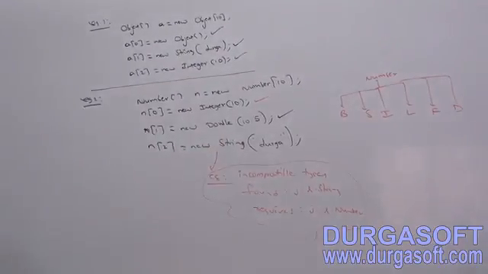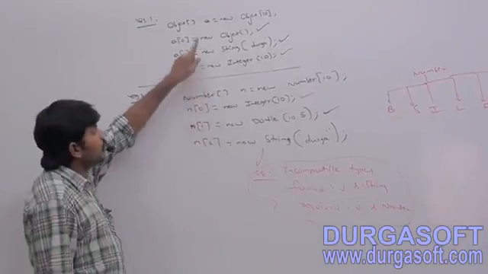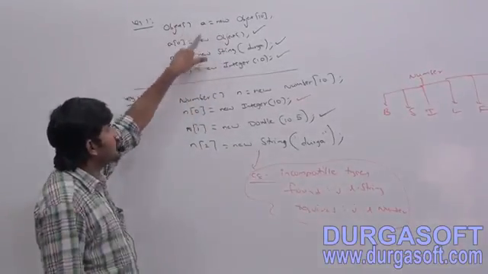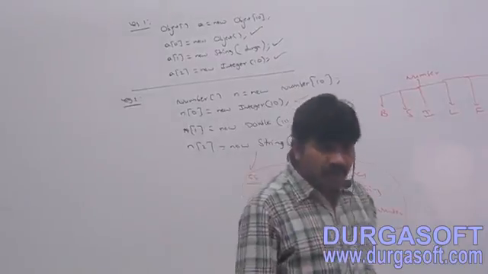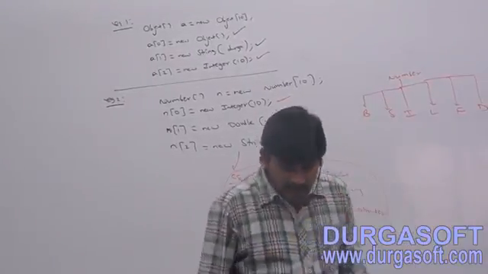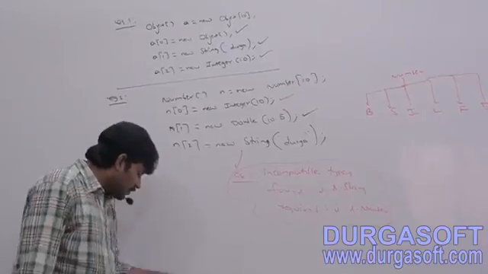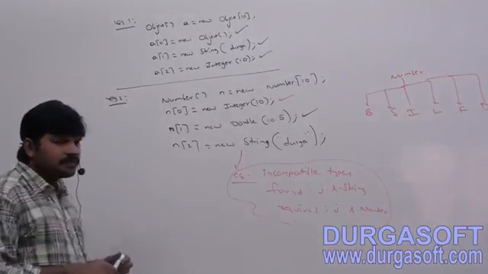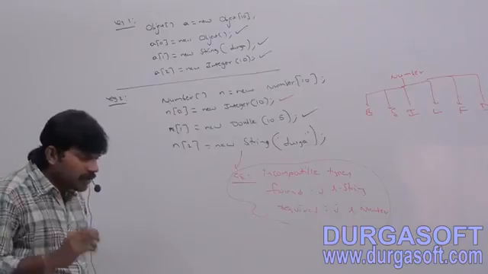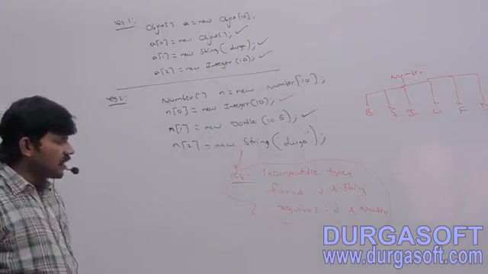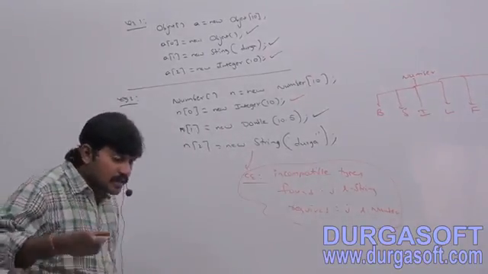So here can I conclude something like this? In the case of object type arrays, as array elements, we can provide either declared type objects or its child class objects.